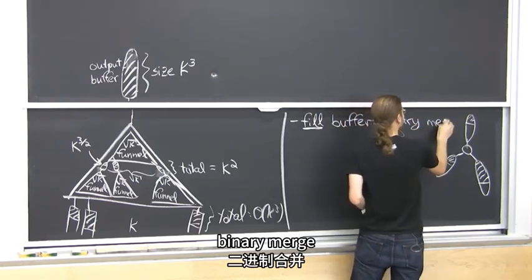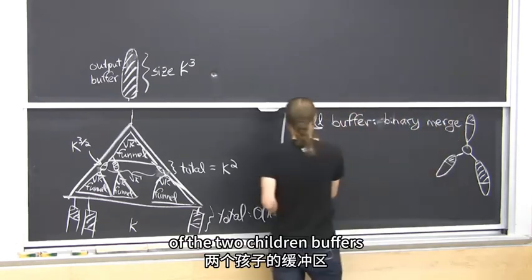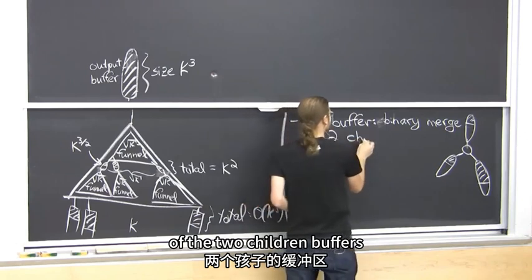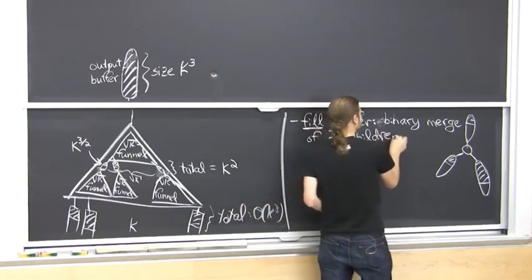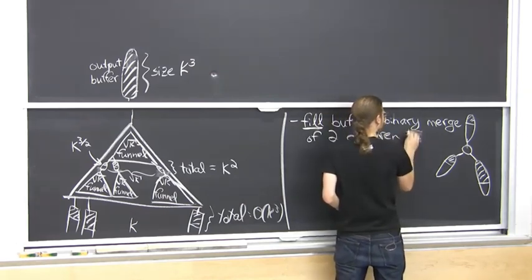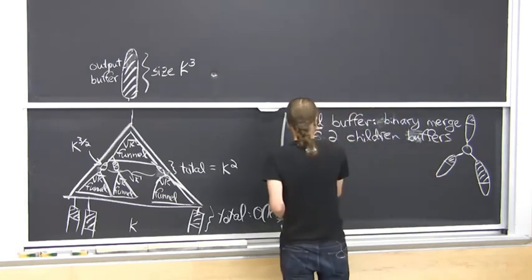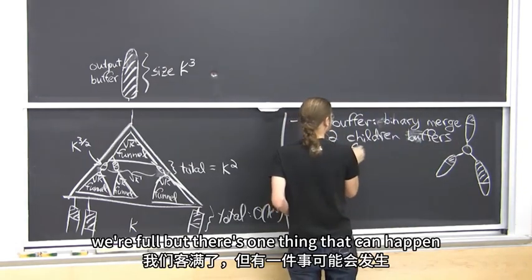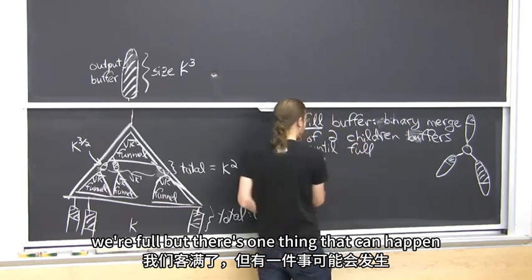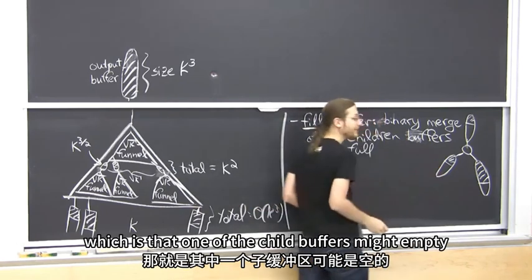Binary merge of the two children buffers until we're full. But there's one thing that can happen, which is that one of the child buffers might empty.